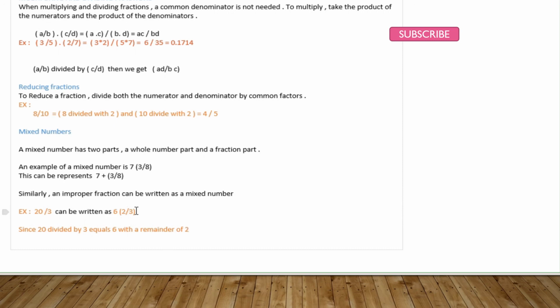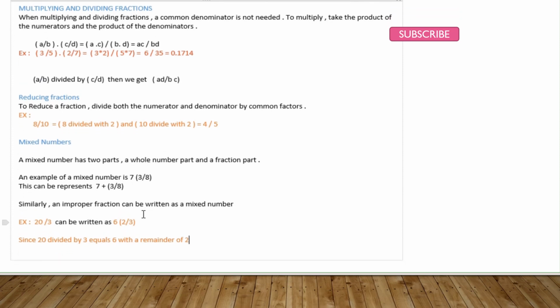So we can write it like this, 20 divided by 3. I hope you understand very well.